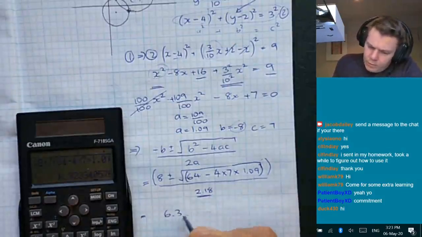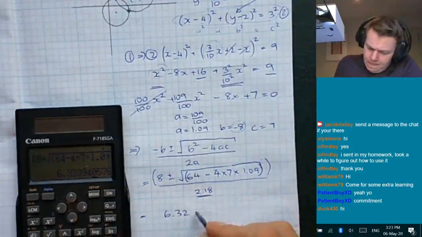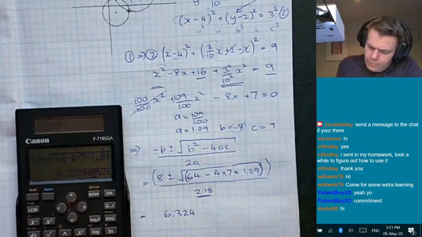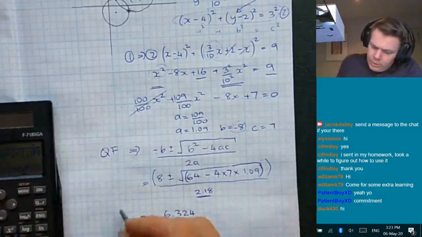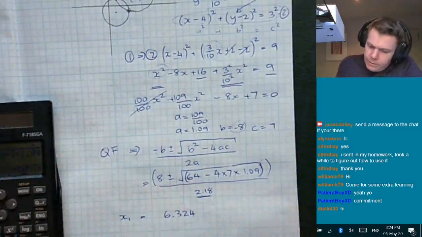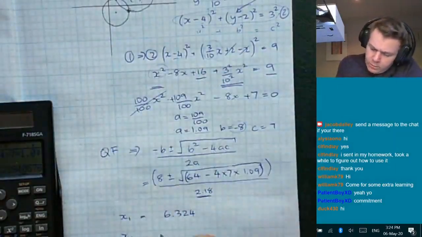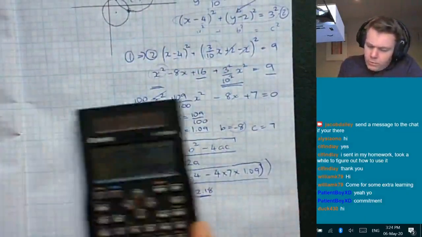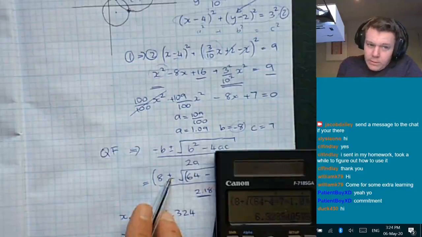First answer is 6.324. So remember, this is our x1. Our graph actually goes through both. So for our x2, what we want to do is just change the plus to a minus.